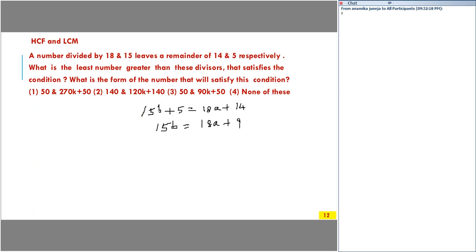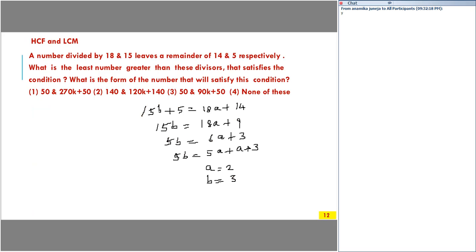That means 5b equals 6a plus 3. 5b equals 5a plus a plus 3. So a should be 2, or not? If a is 2, what is b? 3. How many are clear? a is 2, b is 3.